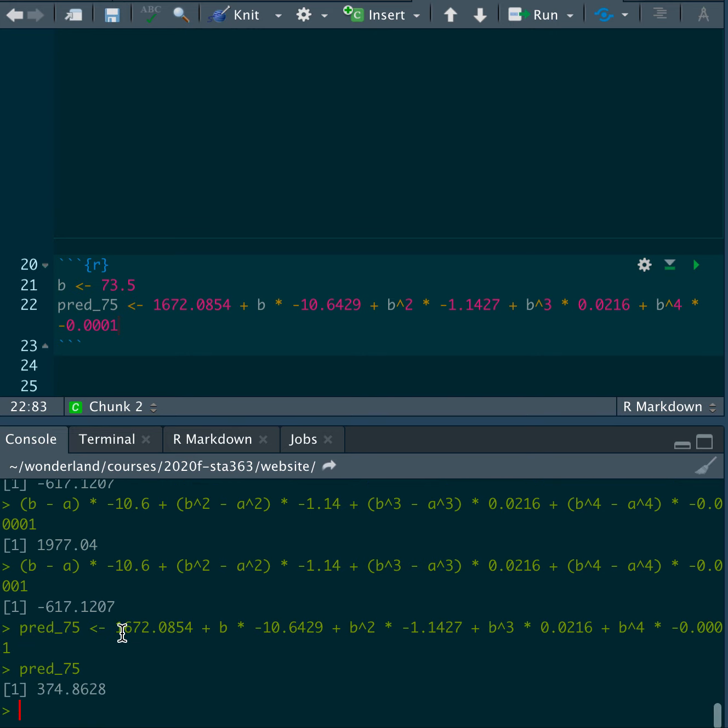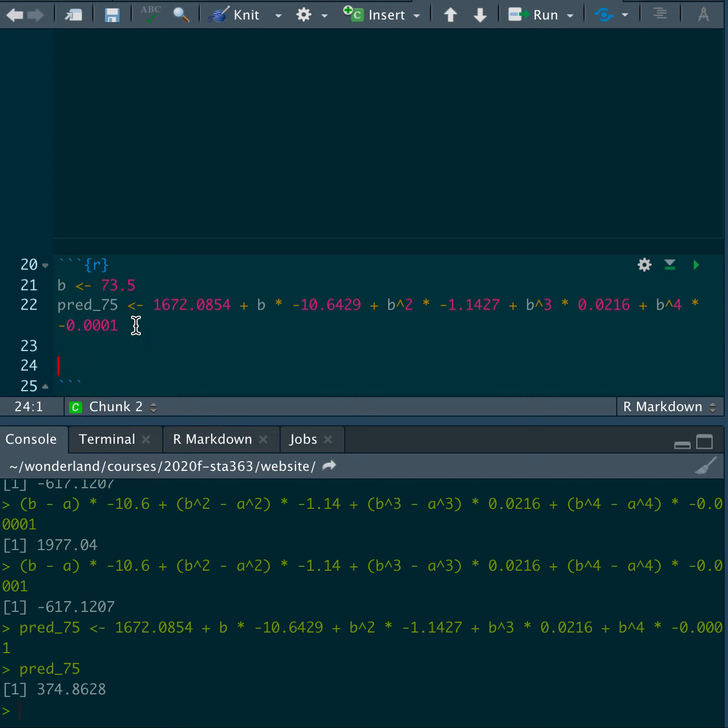So I'm saying that if you're in the 75th percentile, the population for people in the 75th percentile of age is going to be 374.8628. And so that's based on using the coefficients of this model.